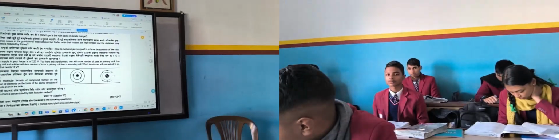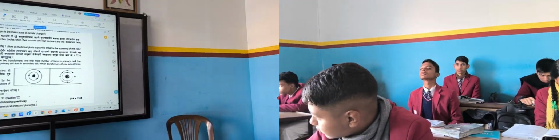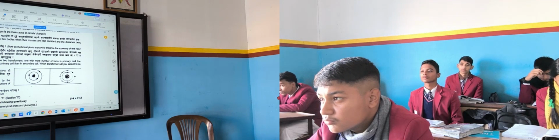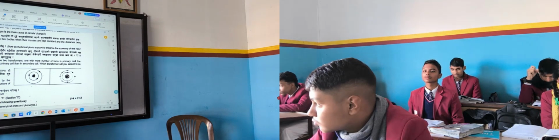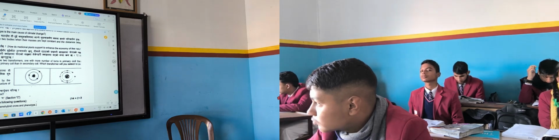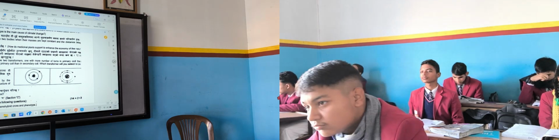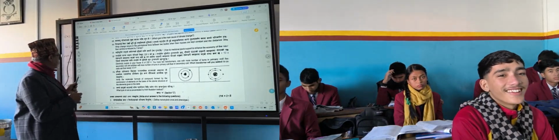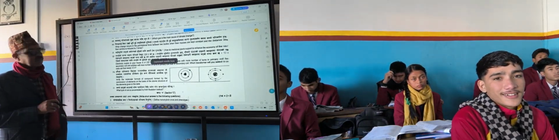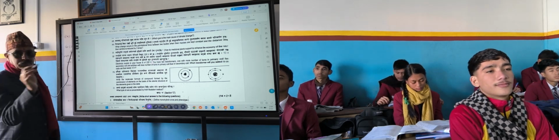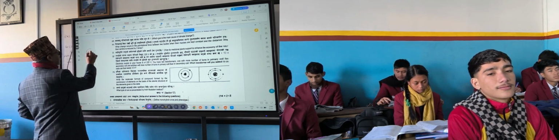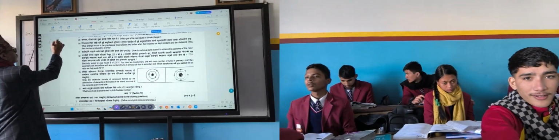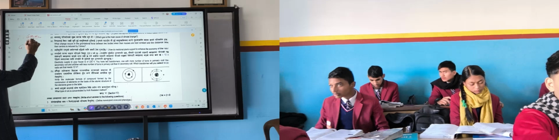Number E. What change occurs in the gravitational force between two bodies when their masses are kept constant and the distance between their centers is reduced 3 times? We have to be very careful. F equals G m1 m2 by d square.